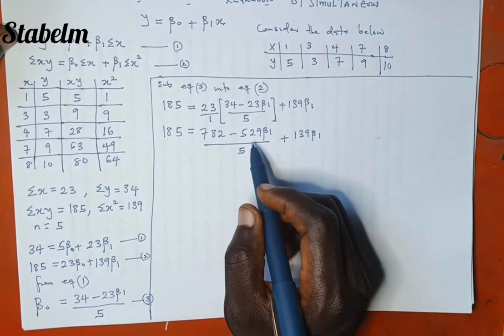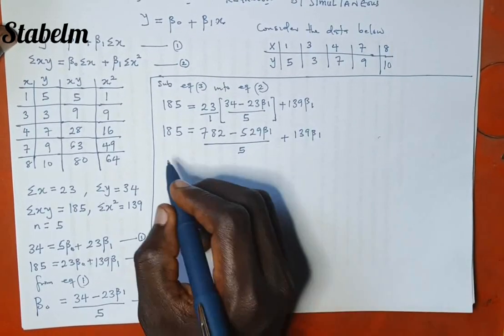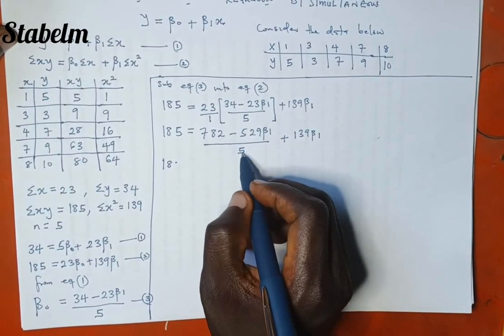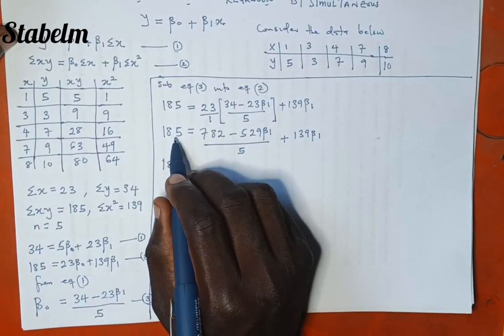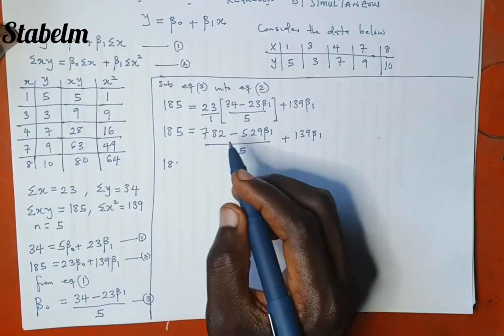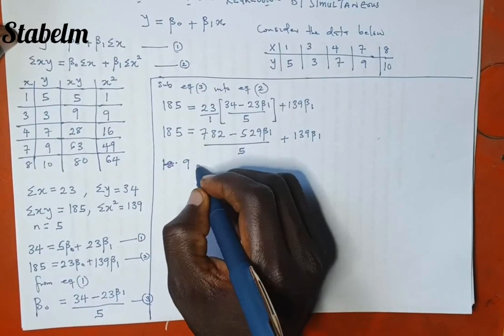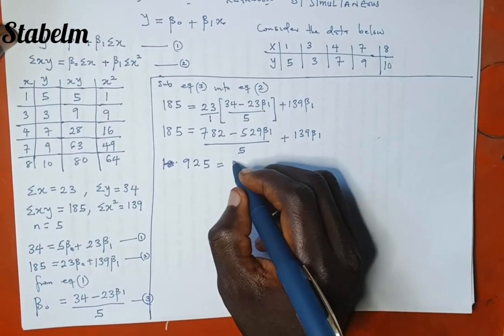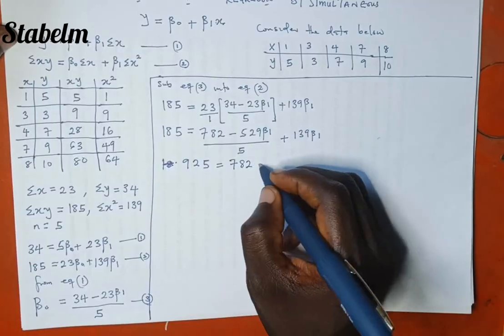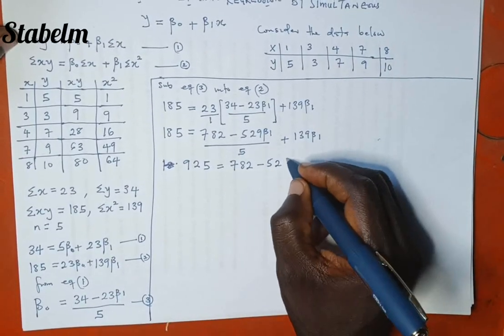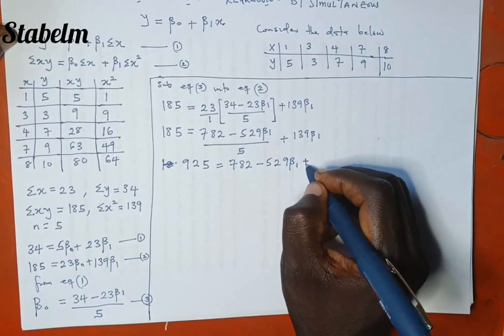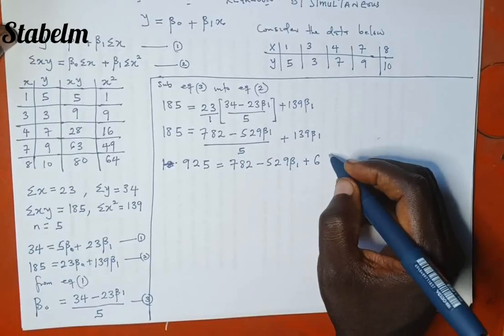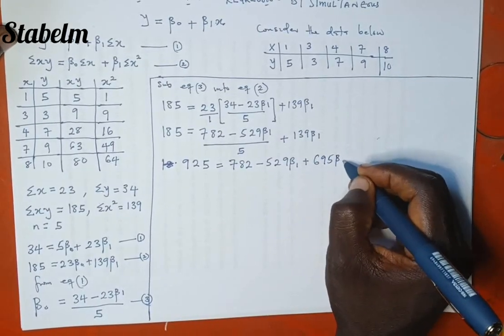So we have 5 multiplied by 185, which will give us 925, equals, if you pick the LCM, 782 minus 529 beta 1 plus 5 multiplied by 139, that is 695 beta 1.